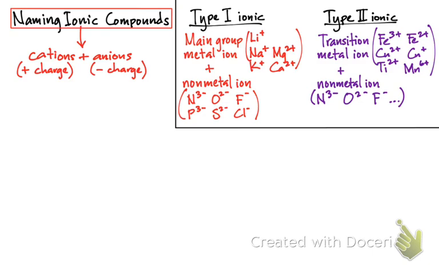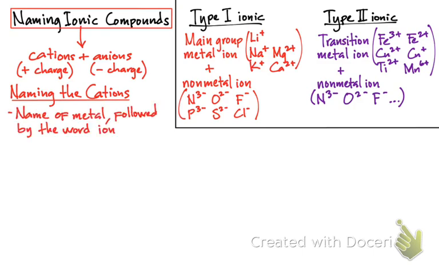All right, so again, ionic compounds consist of cations and anions. So how do we name these cations? So it's actually pretty straightforward. All you have to do is name the metal followed by the word ion. So if you have, let's say, these ions right here, you have lithium with a positive charge. We call these lithium ion, sodium ion, potassium ion, magnesium ion, and aluminum ion.